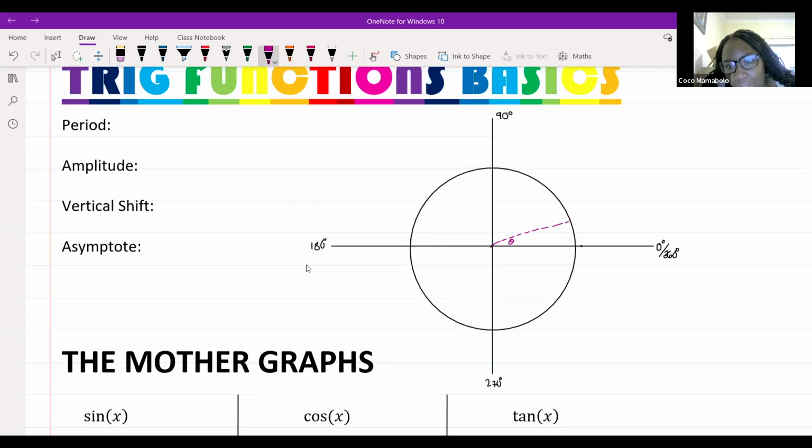If that's my angle theta, my x value is going to be really big and my y value is going to be really tiny, right? But if I decide that I want my theta to be here, okay, if I make theta that part there, right? We can tell that my x value over here is going to be really small and my y value is going to be really big, right?